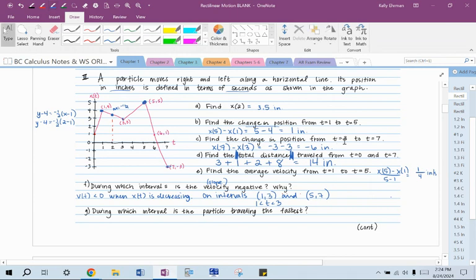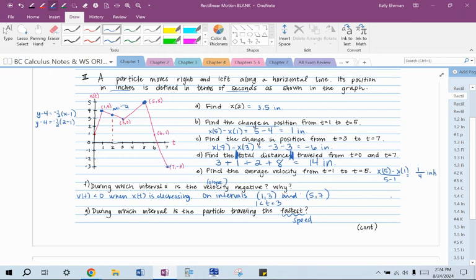And during which interval is the particle traveling the fastest? Now, fastest is talking about speed, not velocity. So we do want the slope. We want the steepest slope. We don't care about positive or negative. We just want the most distance traveled over an amount of time.